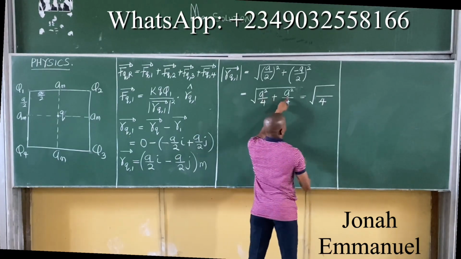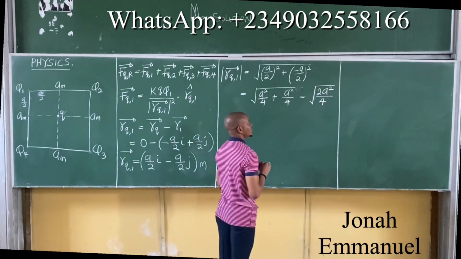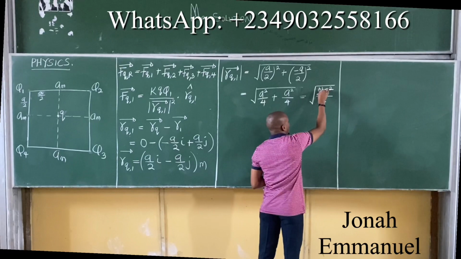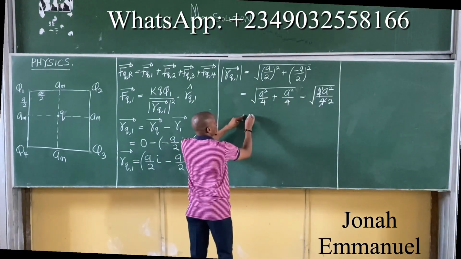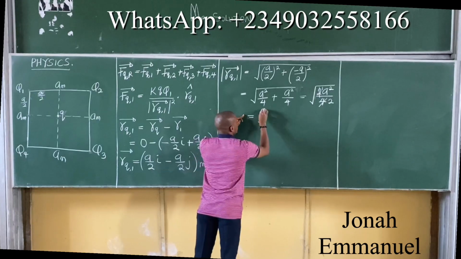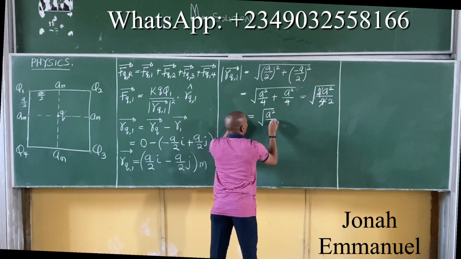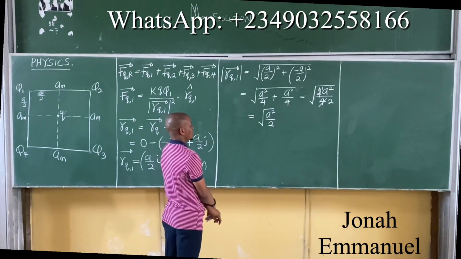A squared gives you what there? 2A squared. So I have this. Obviously from here, this here 1, this here 2. So I have this equal to the square root of A squared all over what there? 2.